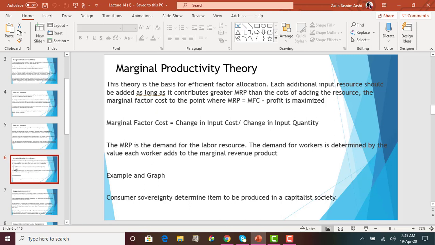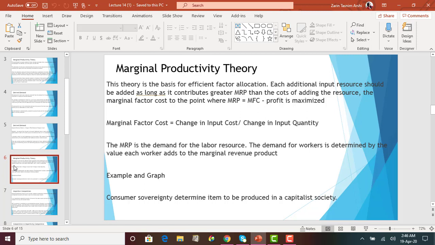So this theory is the basis for the efficient factor allocation. Each additional input resource should be added as long as it contributes greater MRP than the marginal factor cost, until MRP is equal to MFC. So the MRP is the demand for the labor resource. The demand for workers is determined by the value it adds to the marginal revenue product.